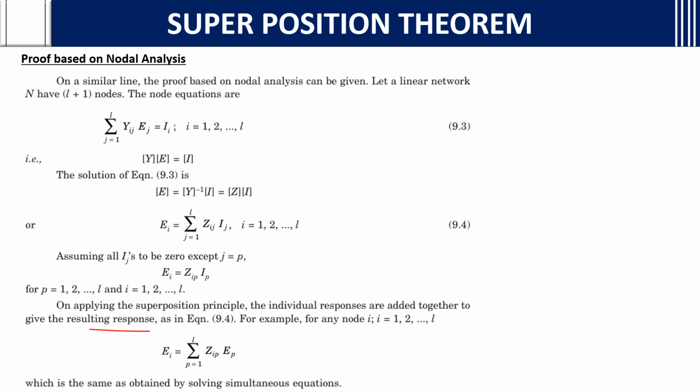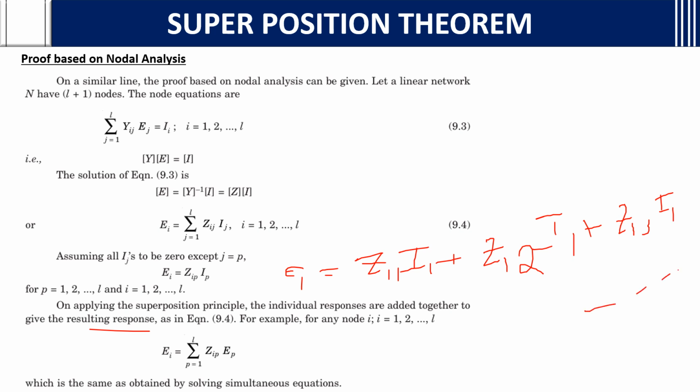The individual responses, like E1 is equals to Z11 I1, plus Z12 I1, plus Z13 I1, and so on, it will be taken till L.